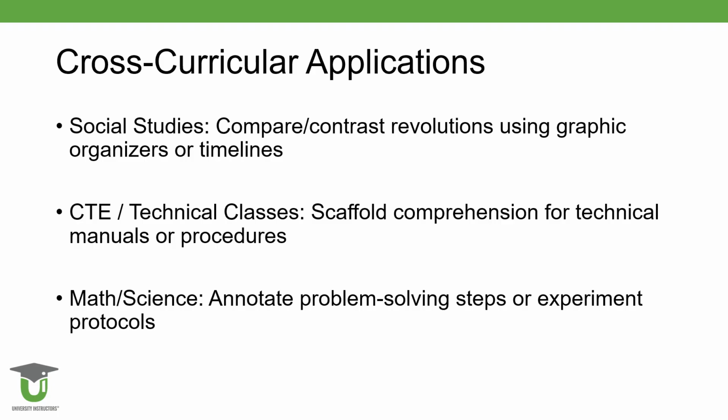In math and science, students can annotate problem-solving steps or experiment protocols, tracking reasoning and outcomes. Using these strategies across disciplines reinforces comprehension skills and promotes deeper engagement with subject-specific texts through vocabulary and language structures.